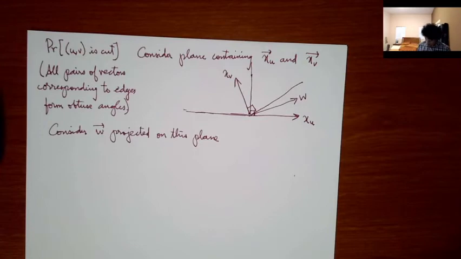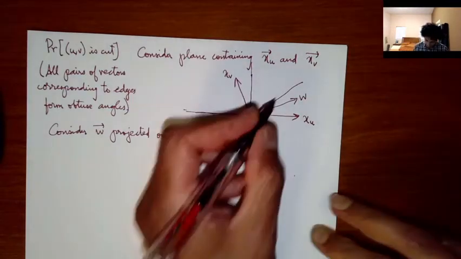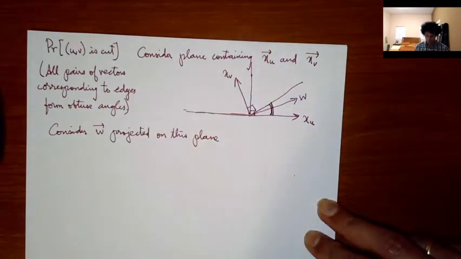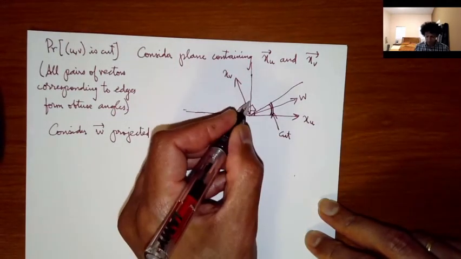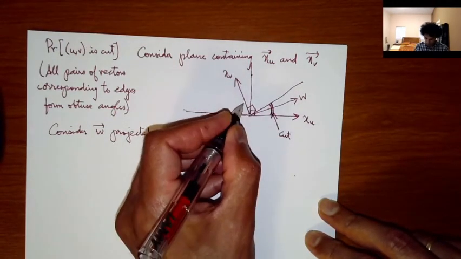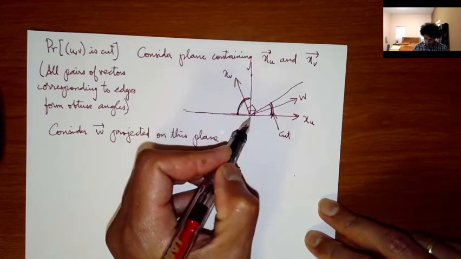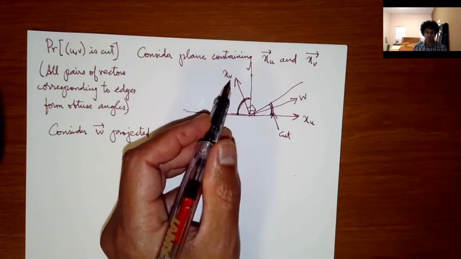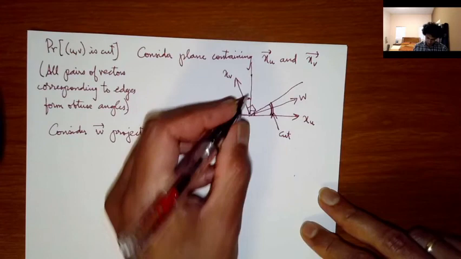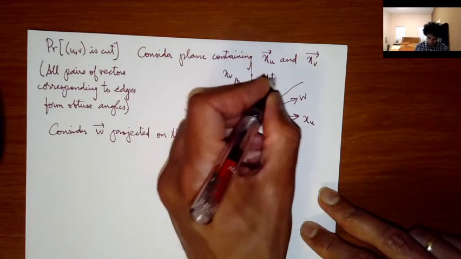It should be a cut, right? Yes, because one of them is less than 90 degrees, the other is greater than 90 degrees. Exactly. So it's going to be cut over here. By the same logic, it's going to be cut over here as well. Because if W lies in this region, then the dot product with V is positive, but with U is negative. So it's cut here and it's cut here, but it is not cut here.